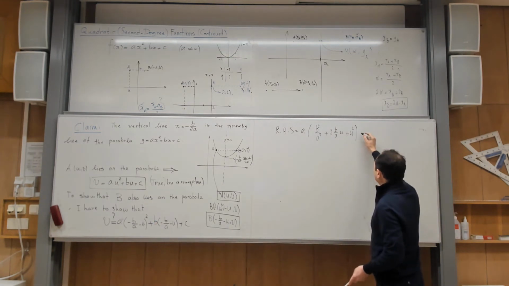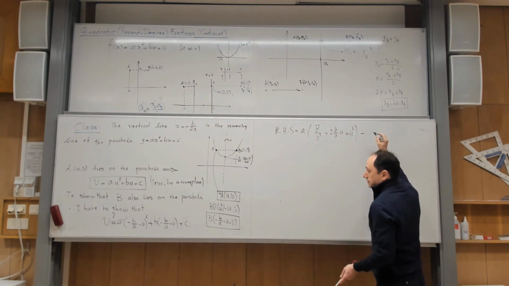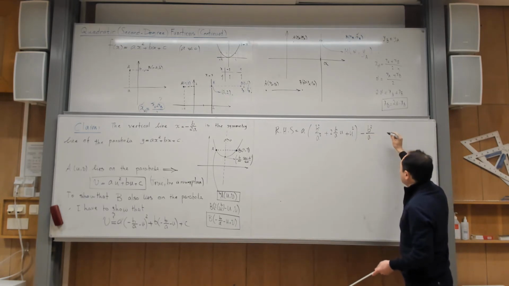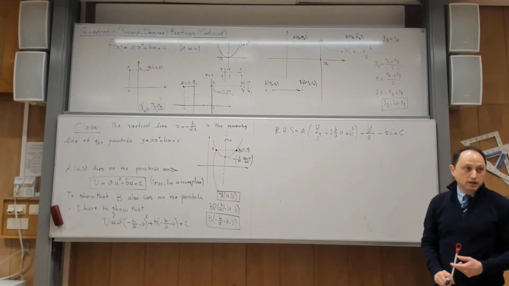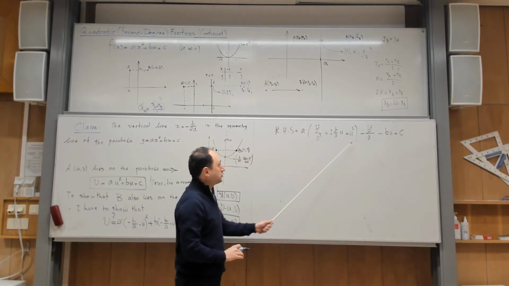So it becomes what? Minus b times that, minus b squared over a. And then minus bu plus c.